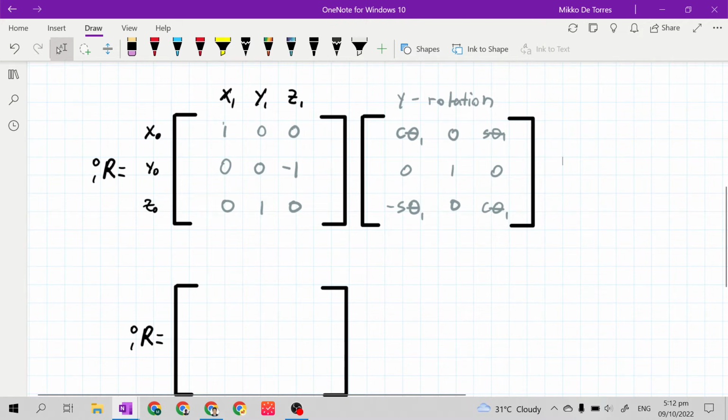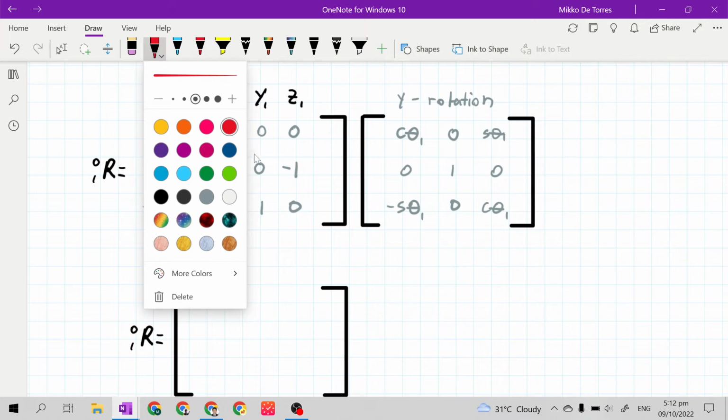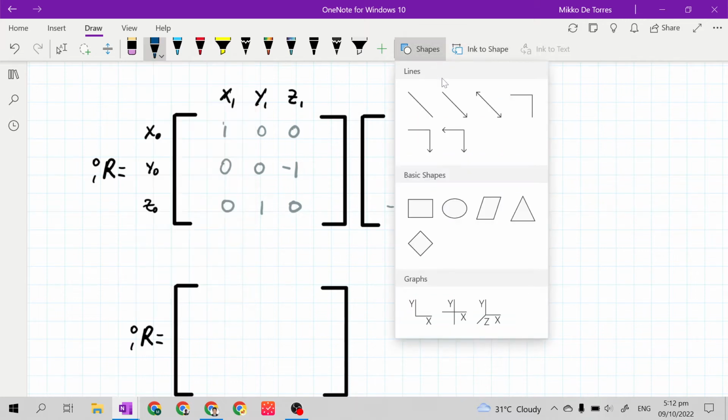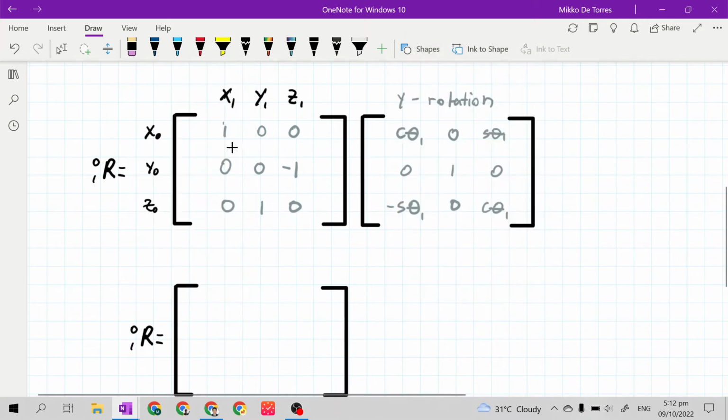So we will do the multiplication of 3 by 3 matrices. The rules of multiplication of 3 by 3 matrices, if you have forgotten, kindly review.